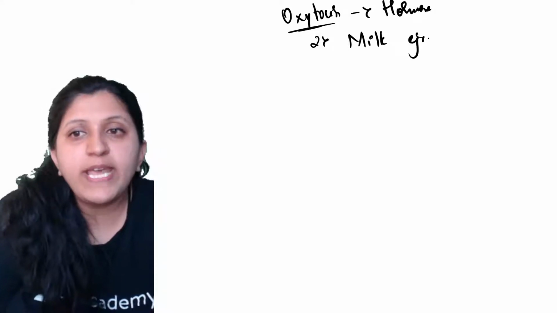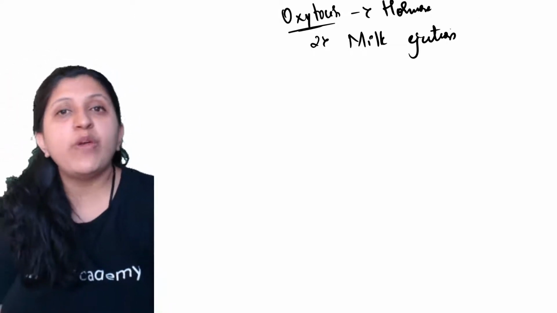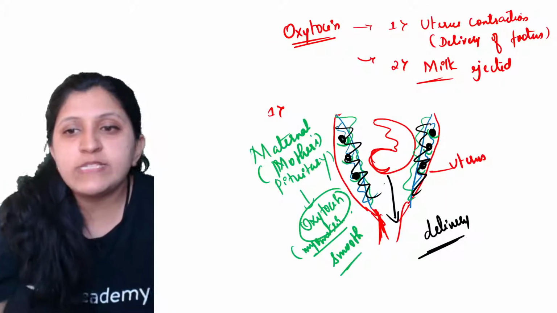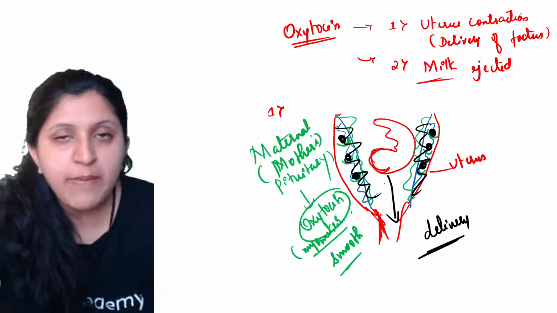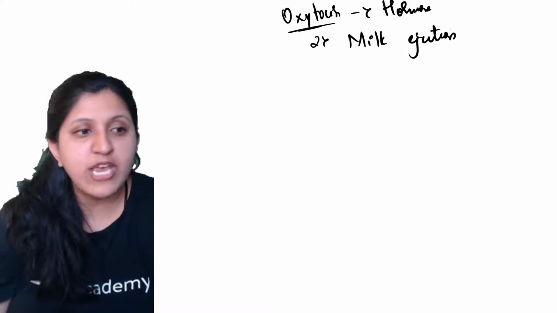When the baby is born after the delivery, which happened because of the contraction of the muscles in the uterus, the second function, milk ejection, comes in.